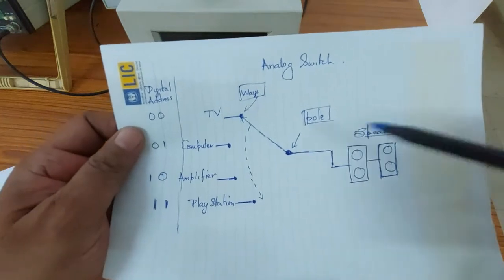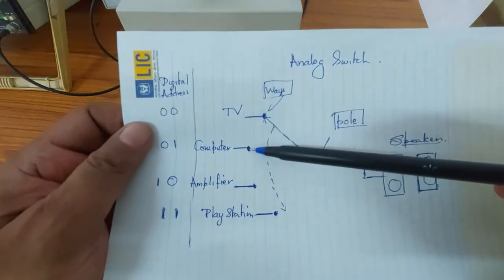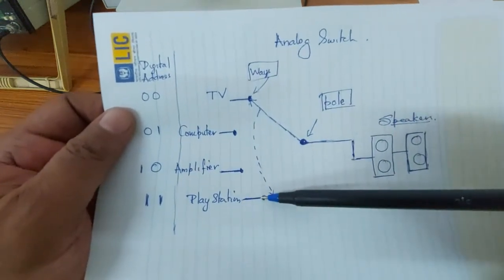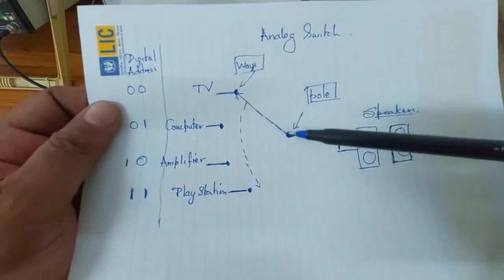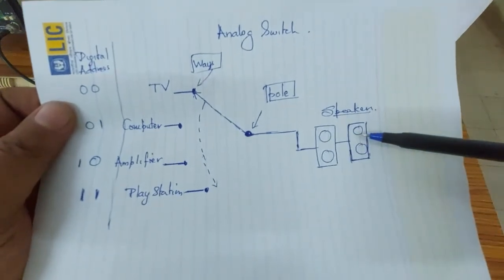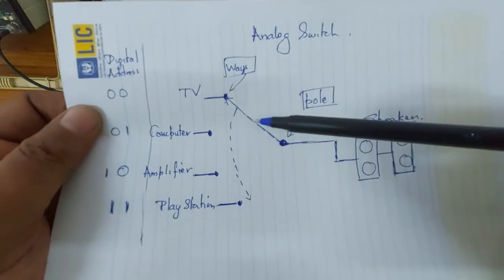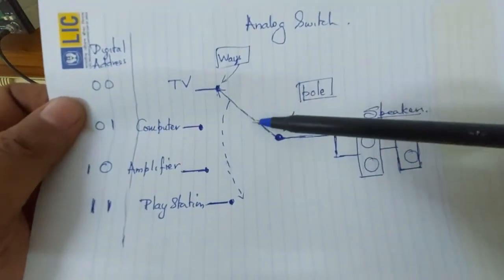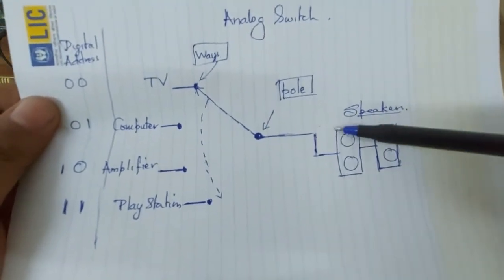So we'll see that there are 4 inputs: TV, let's say this is the computer, amplifier and your PlayStation. This is connected to a switch which will go the output to a speaker set. So we can keep the switch on the TV side, then the audio output of TV will play on the speakers.